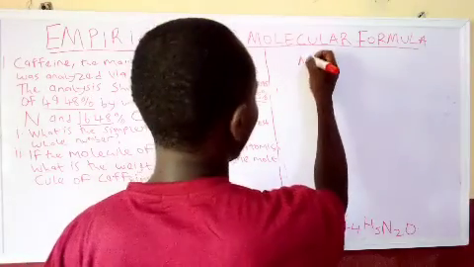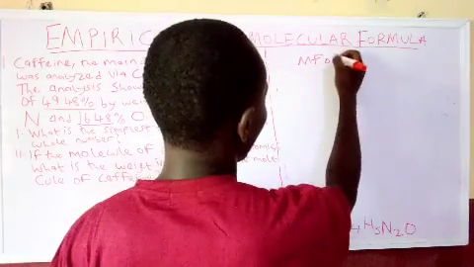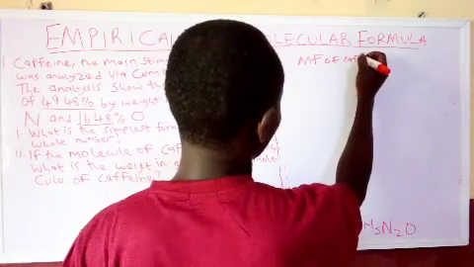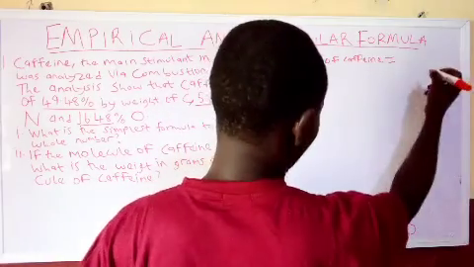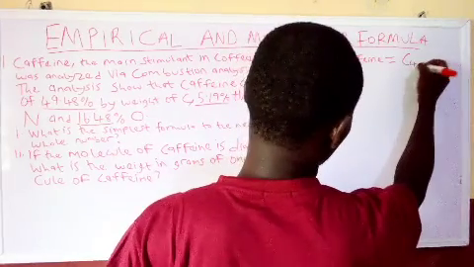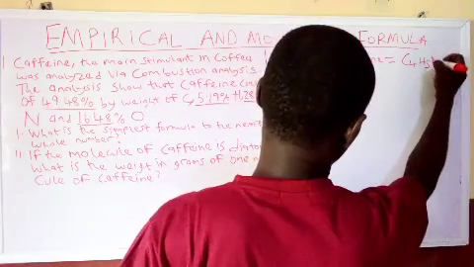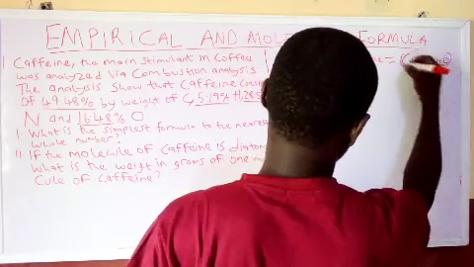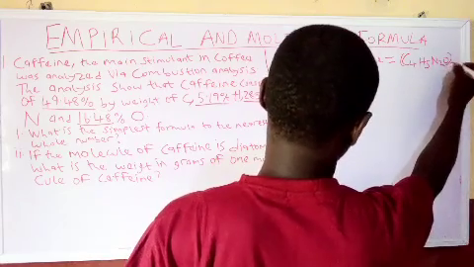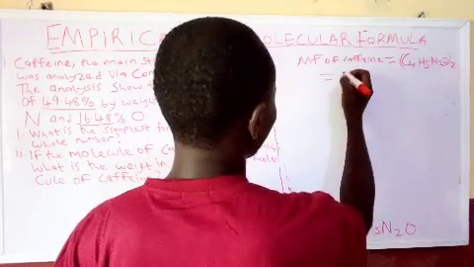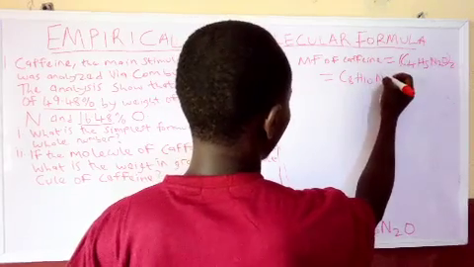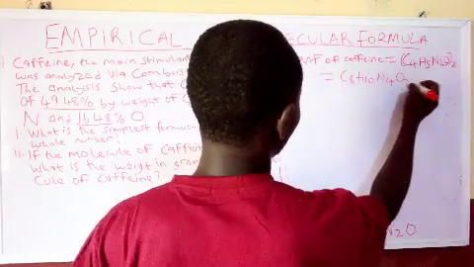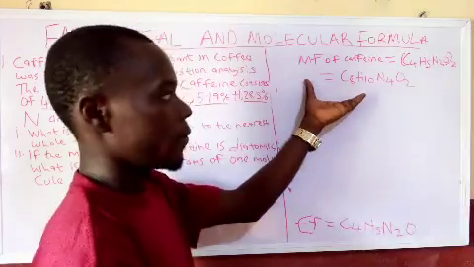The molecular formula of caffeine equals (C4H5N2O) times 2, so equals C8H10N4O2. So this is the molecular formula of caffeine.